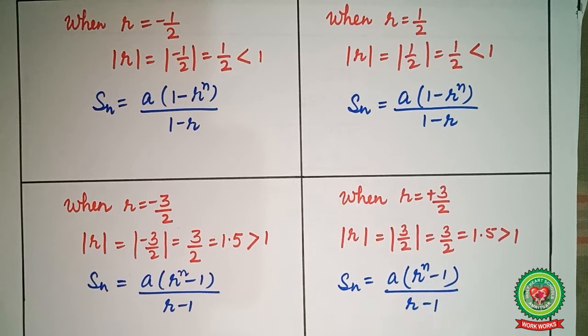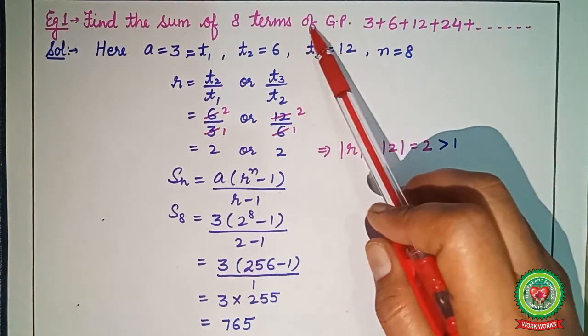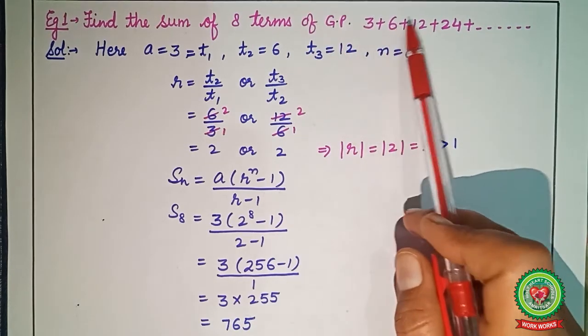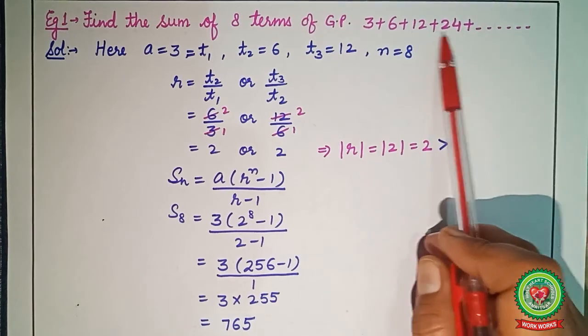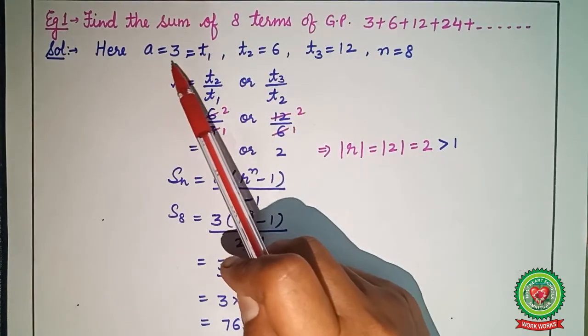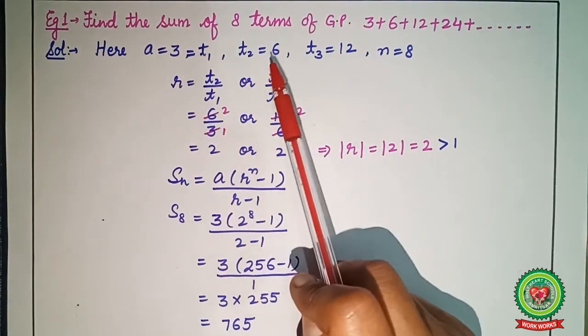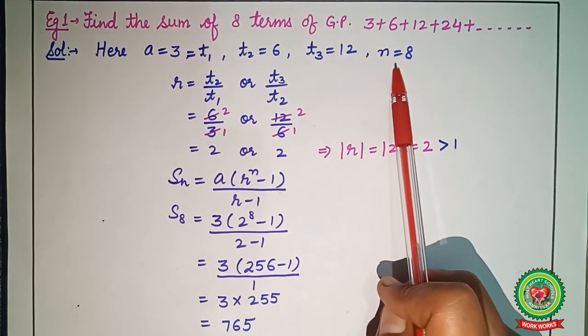upon R minus 1. Now let's start with an example based on it. Find the sum of 8 terms of the GP 3, 6, 12, 24 and so on. Here the GP series is given and the number of terms is given. So A, the first term, is 3, the second term is 6, the third term is 12 and the value of n is 8.